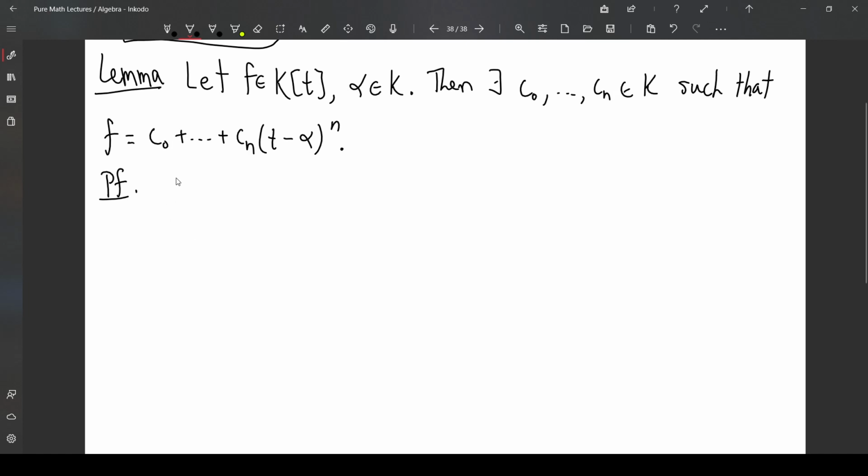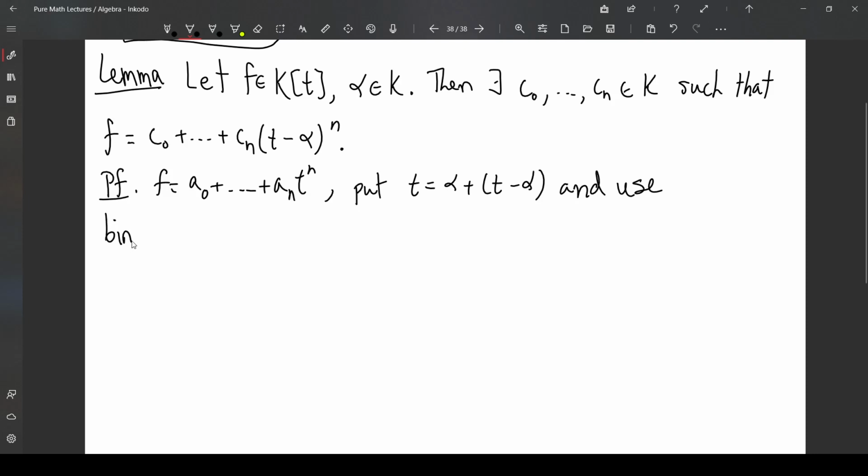The proof is just to put, so we have f is a0 plus up to an t to the n, and we write, put t equal to alpha plus (t minus alpha), and use the binomial expansion. The binomial expansion is something that's well defined in any commutative ring, right?